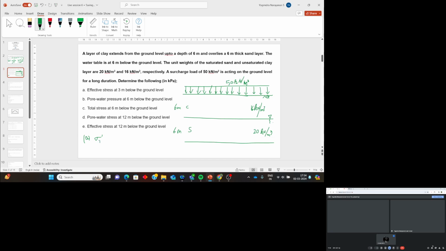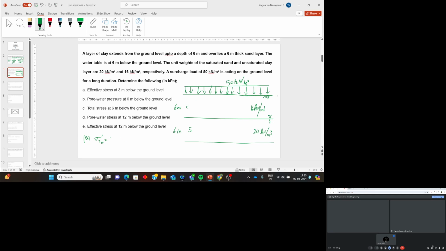Sigma dash at 3 meters will be, how much will it be? One second. I think 48 megapascal. Here you have to note that this 50 kilonewton is there, right? Yes, sir.